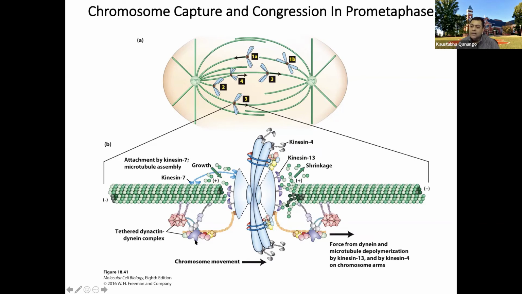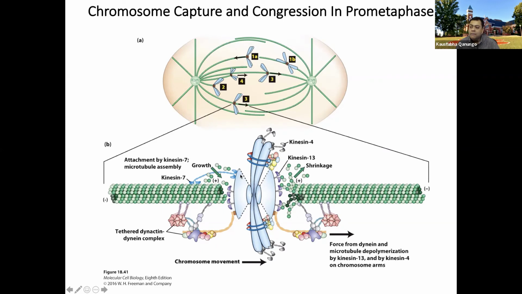So this dynein-dynactin motor complex is attached to the kinetochore protein complex, and it is sitting on this particular microtubule. Remember that your dynein will try to move towards the minus end. So now this is trying to move towards this minus end. This is one thing happening.